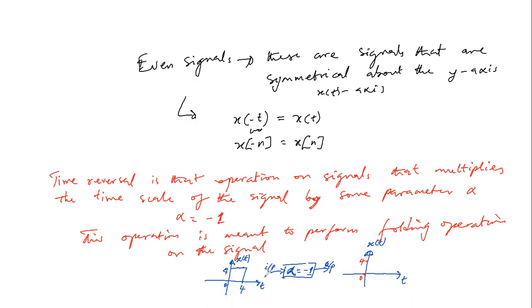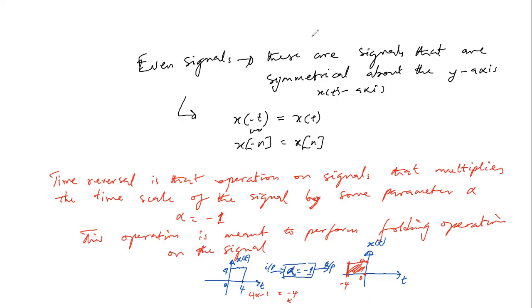Then positive 4 times -1 will give us -4 on the time scale. So we're going to be having -4 here. And then the time reverse version of the signal looks something like this. Meaning we are folding the signal about the x of t axis. So that's time reversal.